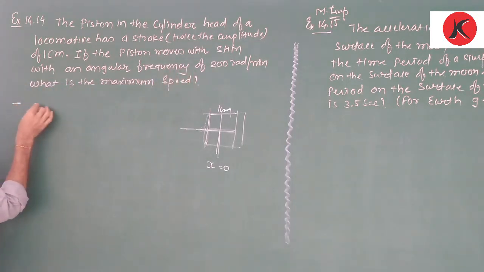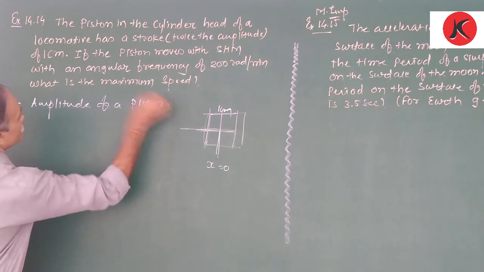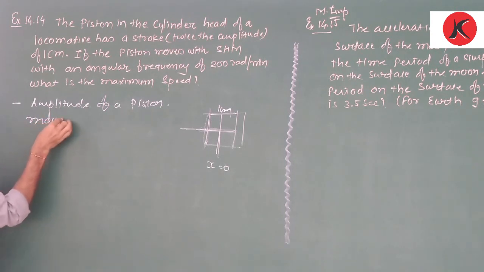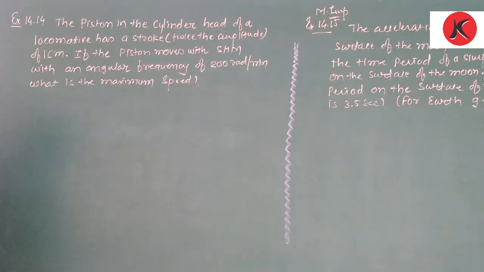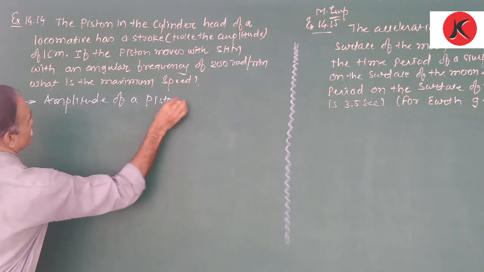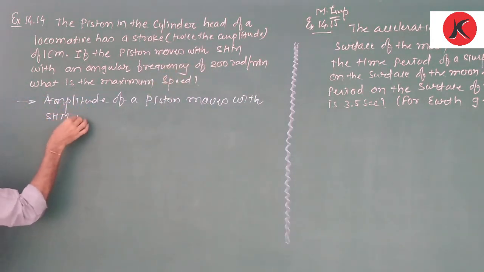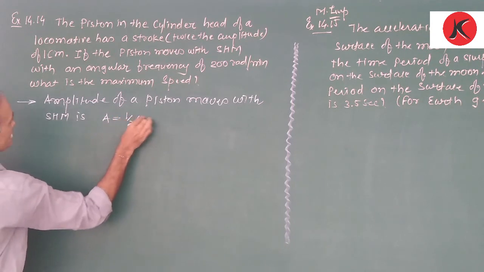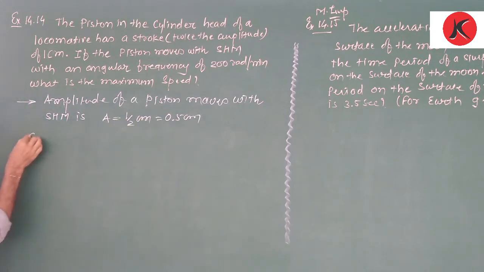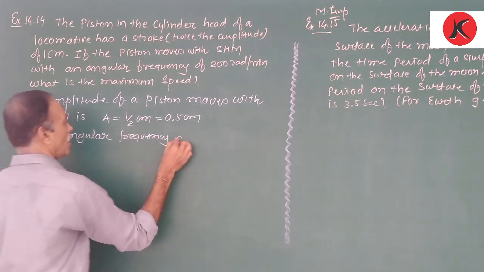Therefore, the amplitude of a piston moving with simple harmonic motion is A is equal to half centimeter, that means 0.5 centimeter, and angular frequency of the piston.